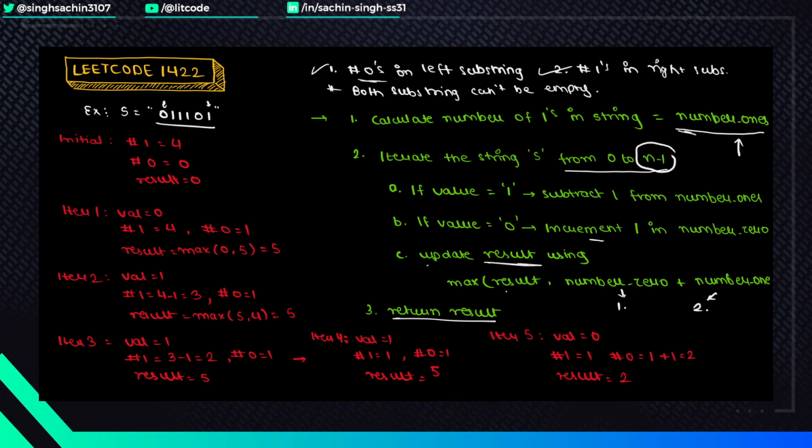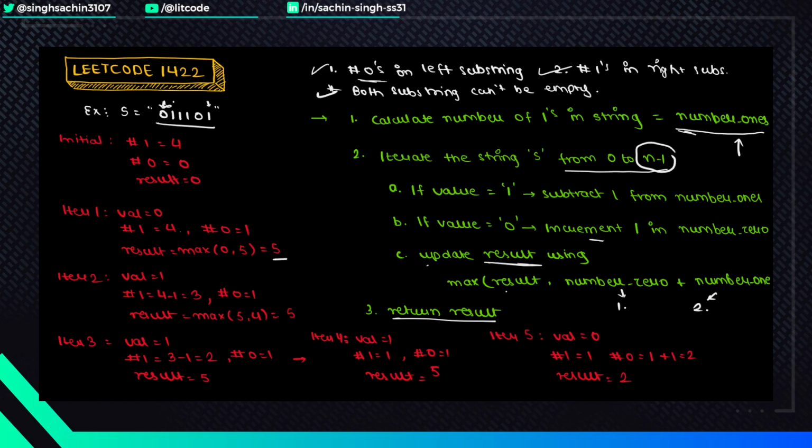So all these three conditions are satisfied. Let's just do a dry run for this. For example, we initially had number of ones as 4, number of zeros 0, result 0. We started iteration from this element. This was a 0, so we incremented the value of zeros from 0 to 1. The result will be the maximum of 0 or 4 plus 1, that is 5. So we got 5.